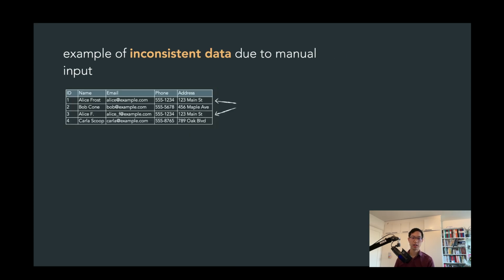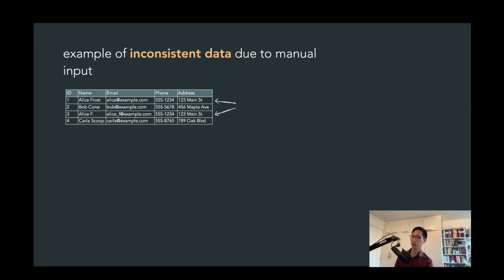But to illustrate this, we have an example of inconsistent data due to manual input. So look at this. We have Alice Frost in ID 1. We have Alice F in ID 3. And we're not sure which one corresponds to the correct Alice.